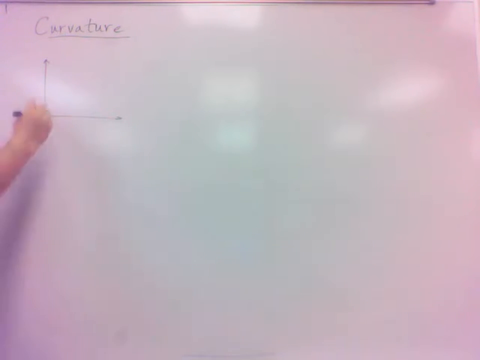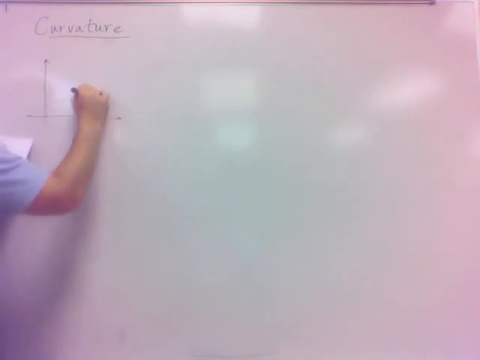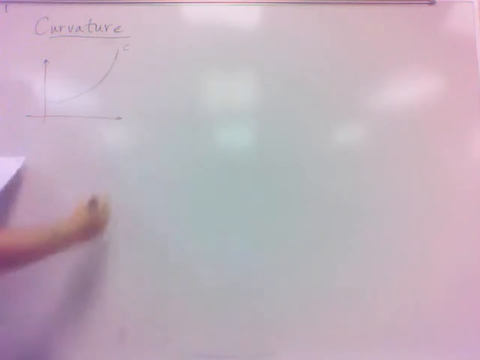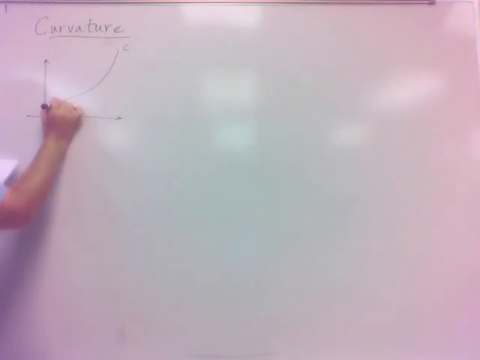So let me just draw a two-dimensional rendition here of a curve. If I start here and talk about my unit tangent vector, which is just the tangent vector, but 1 unit long, so let me just say it's that long.